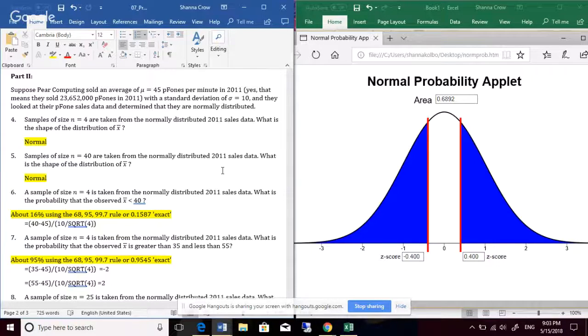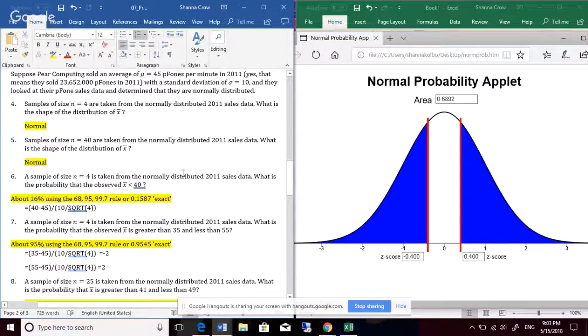A sample of size 4 is taken from the normally distributed sales. What is the shape of the distribution? Well, it's determined that it's normally distributed, so it must be normal, right? Yep. That's what I got.